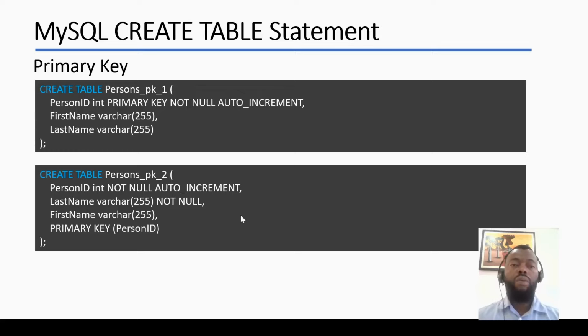So we have an option also to create a primary key. The primary key will be the identification of each record, and here we set the auto increment, so this value will be unique. The primary key is very useful when we have tables with relationships.